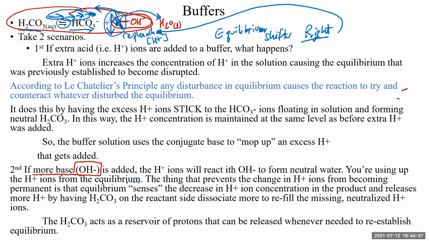So it's almost as if the equilibrium senses the decrease in hydrogen ion and then shifts into high gear toward the right-hand side, toward the forward process, to regenerate the lost hydrogen ion. And the hydrogen ion was lost because hydroxide ion ate it all up, neutralized it, and turned it into water. The system doesn't care about water. It doesn't feel water. It just feels the loss of hydrogen ion.